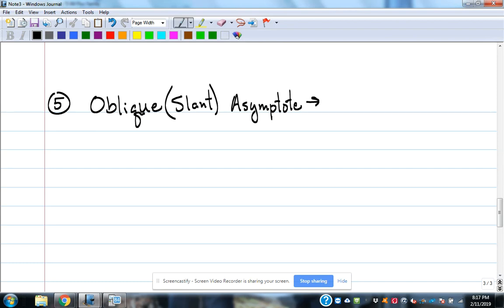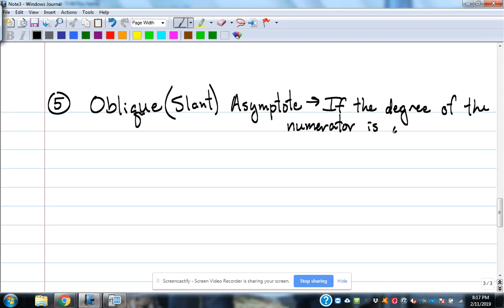If the degrees are the same, it's the ratio of the leading coefficients. Obliques happen if the degree of the numerator is 1 more than the degree of the denominator.